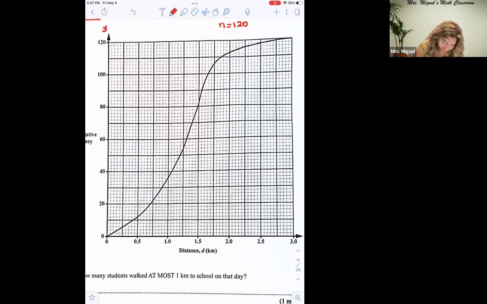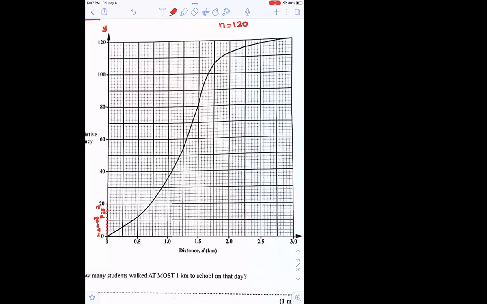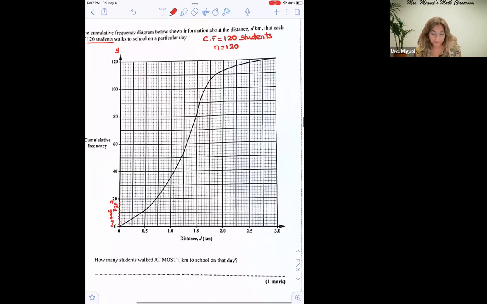So we have 2, 4, 6, 8, 10, 12, 14, 16, 18. Do you all see that in your graph? Yes, Miss.